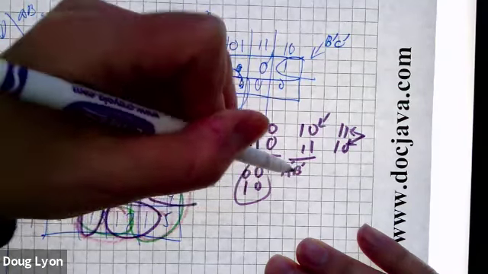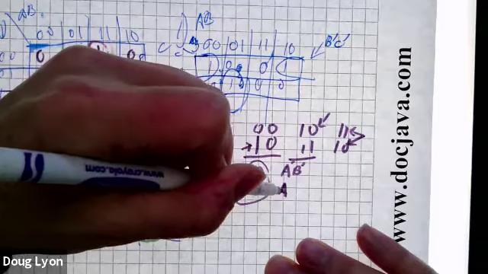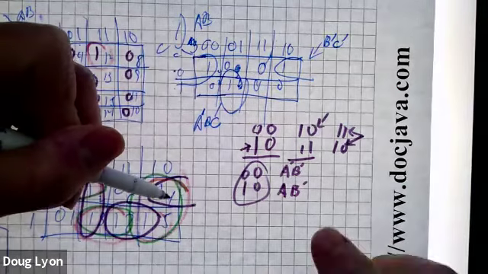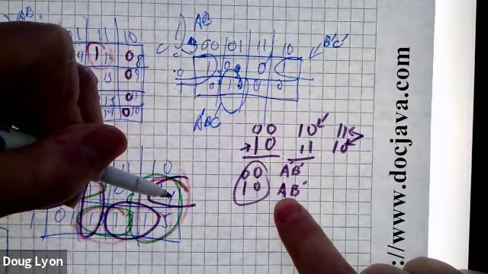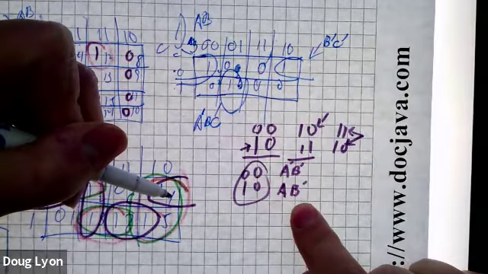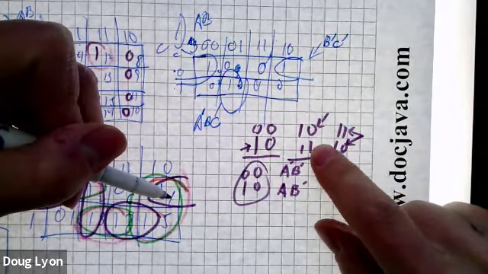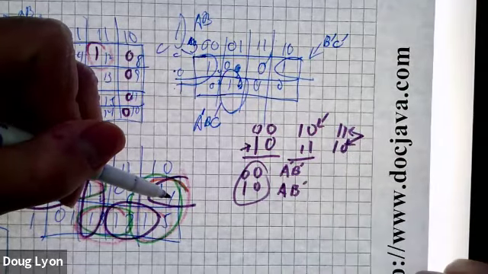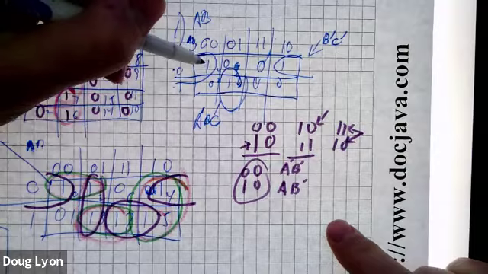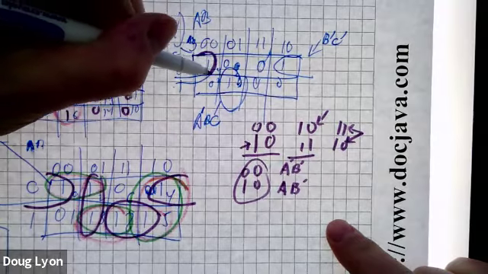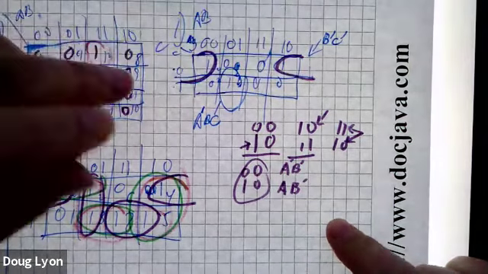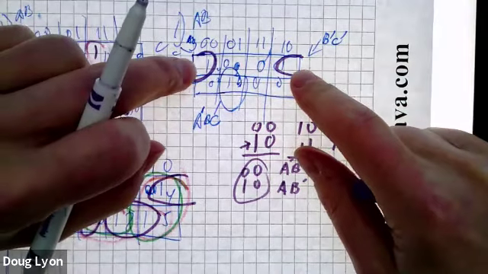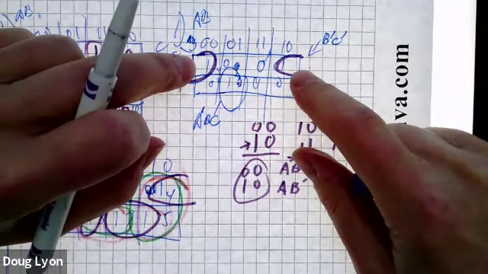A prime, B prime with A, B prime. If I factor out B prime, the A prime or A disappears, and that gives me just B prime. Similarly, when I have only one bit of difference, I can instantly do my factoring. So here's a case where we're going around the corner. This is kind of interesting because this represents a wrapping.